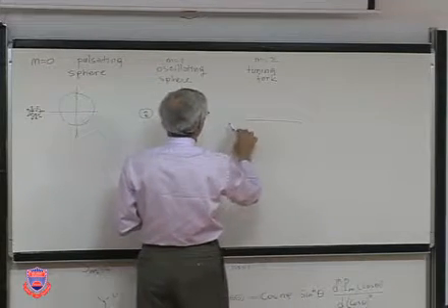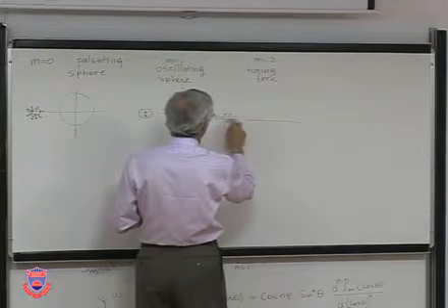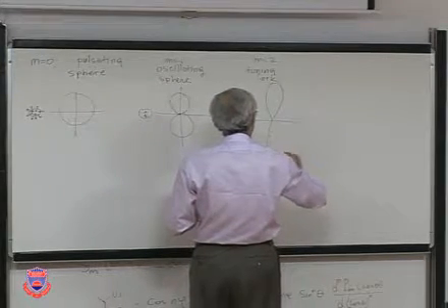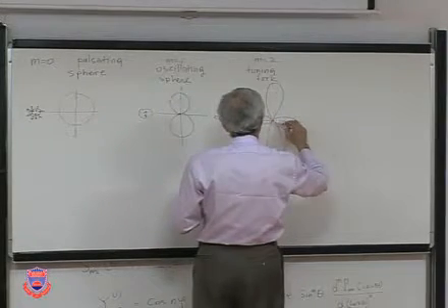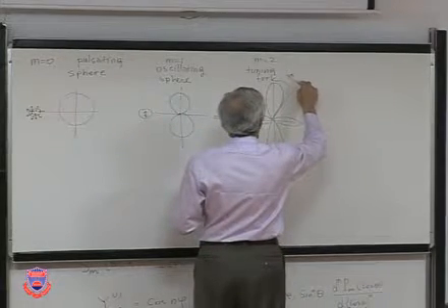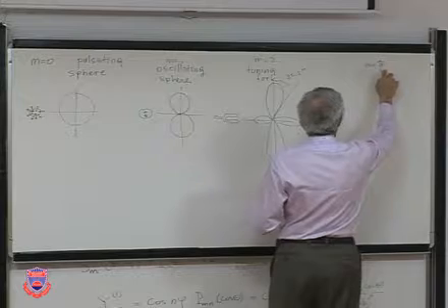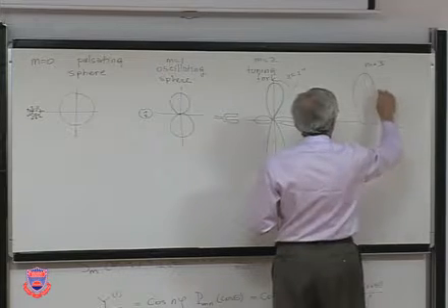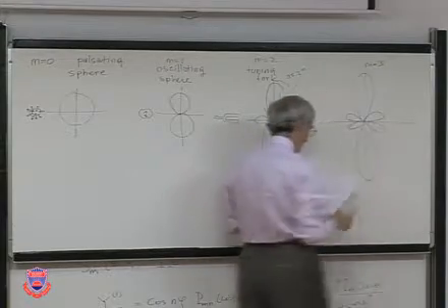You have main lobes and side lobes, and you can continue to m equals 3.